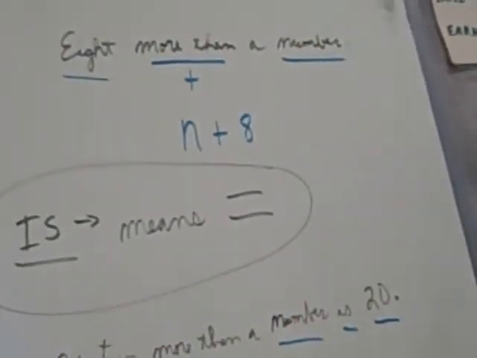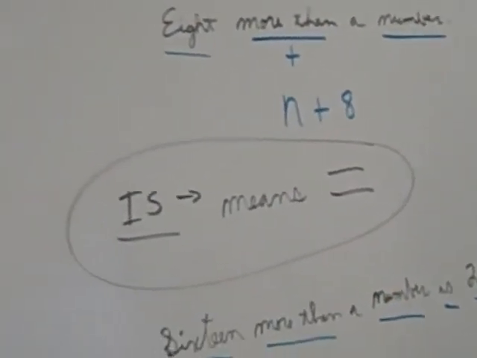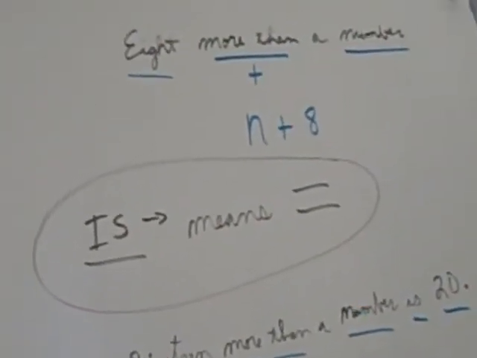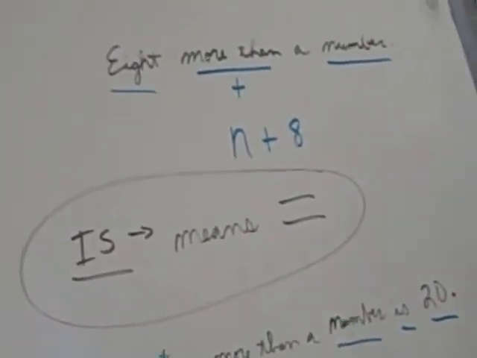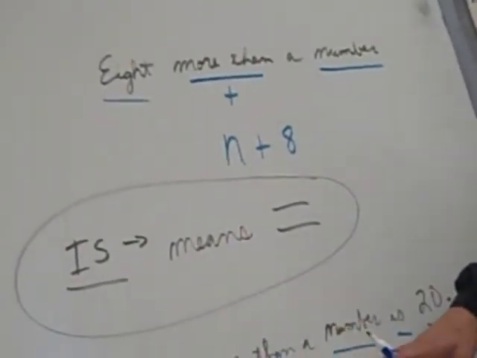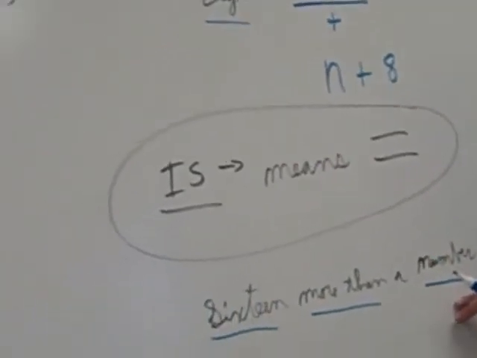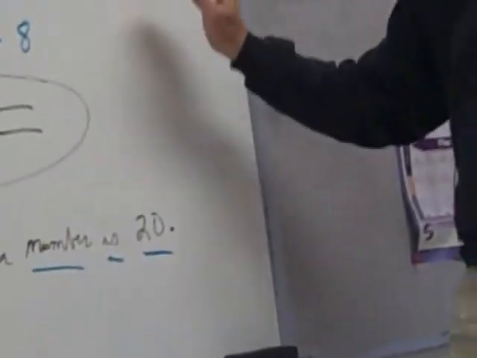Is that supposed to be an expression? Nope. You tell me what it's supposed to be. We're about to find out, aren't we? Okay. 16 more than a number. How are you going to write that? It's n plus 16. Which one goes first, the number or the 16?